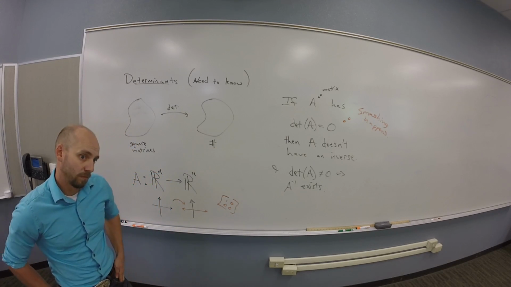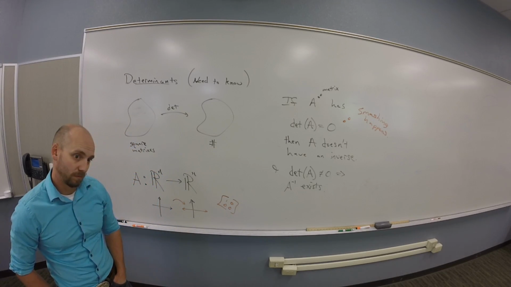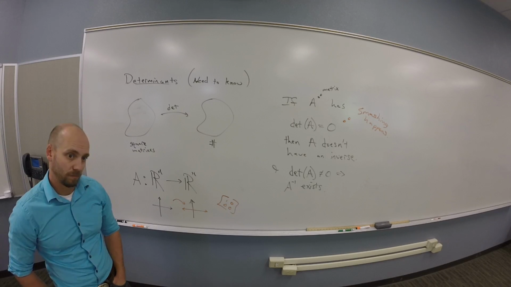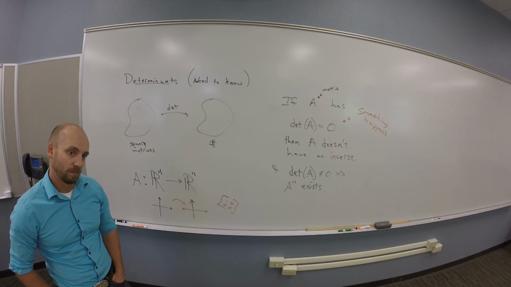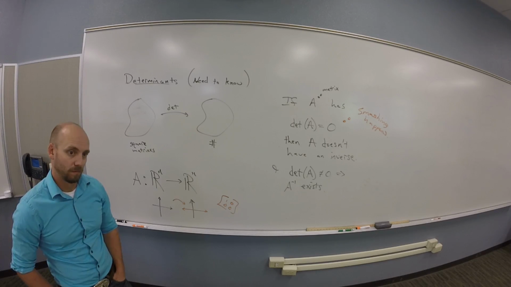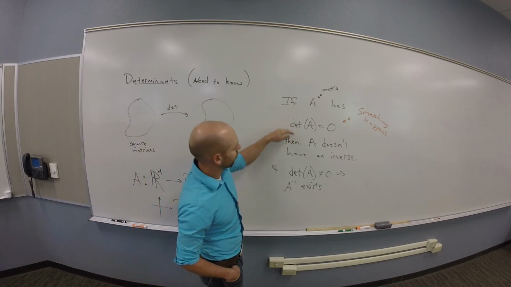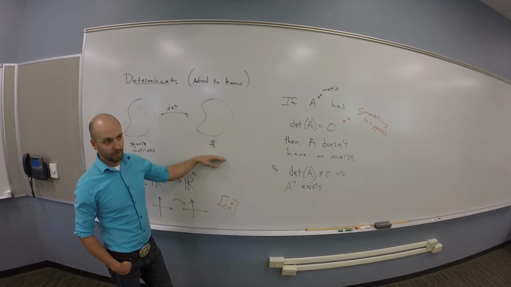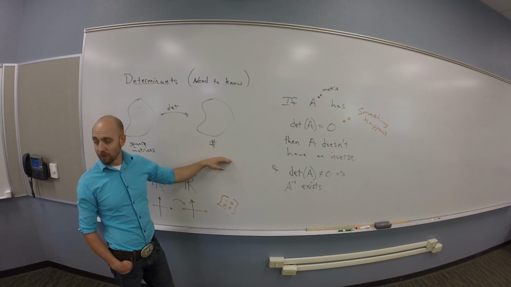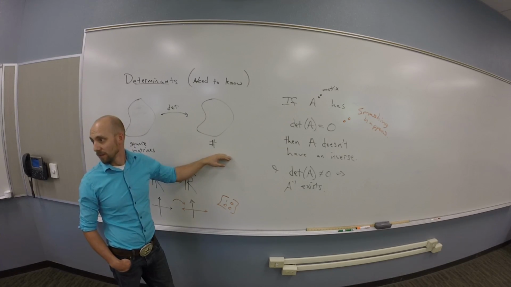Just a note, 3Blue1Brown has a great video that gives the visual interpretation of determinants. What this number means is some kind of a distortion of area.